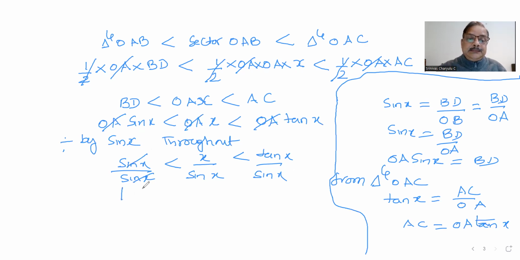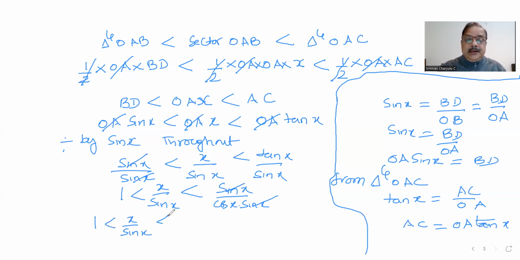You'll get 1 here. This is X by sin X less than tan X, which is nothing but sin X by cos X. This sin X in the denominator is already present. Again, this sin X you cancel. 1 less than X by sin X less than 1 over cos X.